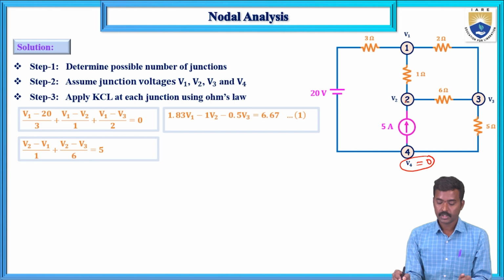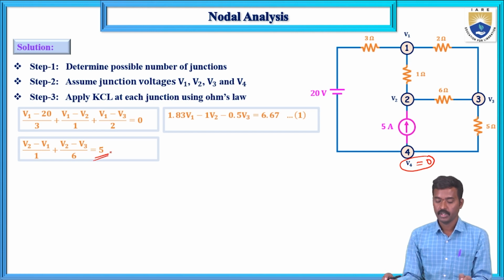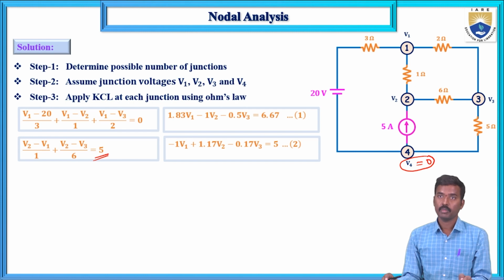At this junction, (V2 minus V1) by 1 and (V2 minus V3) by 6, and this is entering current 5 plus 2 is equal to 7. Next, the simplified equation minus 1 V1 plus 1.17 V2 minus 0.17 V3 is equal to 5.